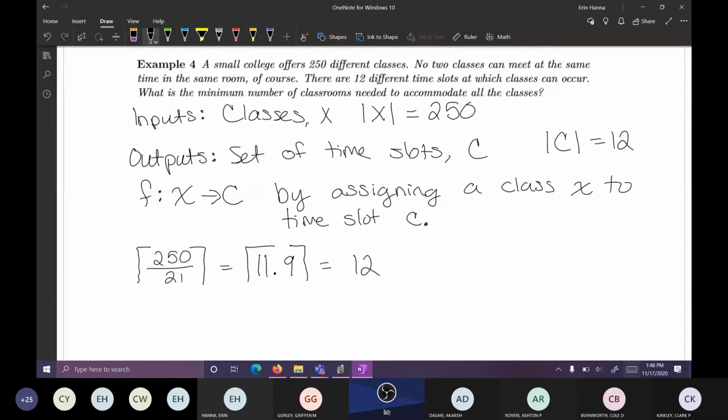So essentially this is saying that we need at least 12 classrooms. Again, we don't know how they actually schedule it. They could have 15 classes running during one time slot, or 16 running during another. But there has to be at least 12 classes running at one time for this setup to make sense.